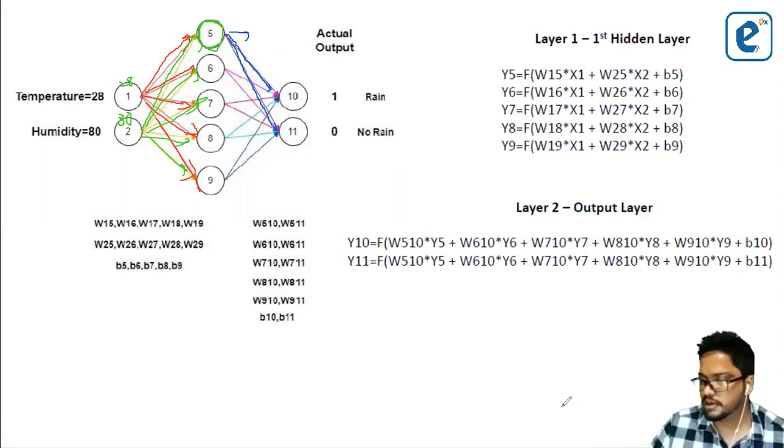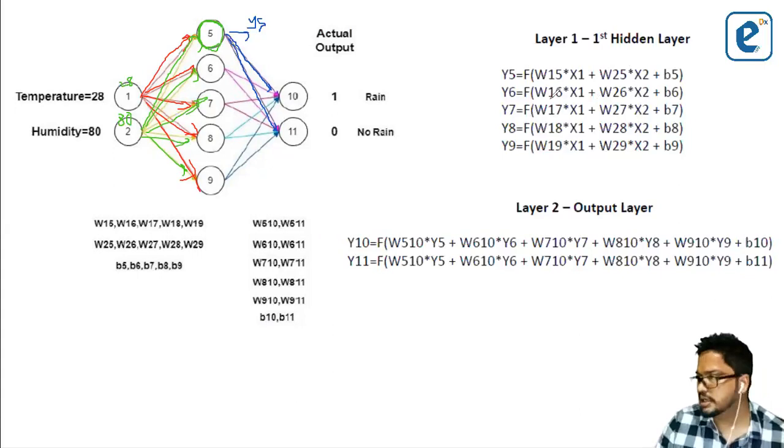Let's say the output from this neuron is y5. So y5 can be calculated like this.